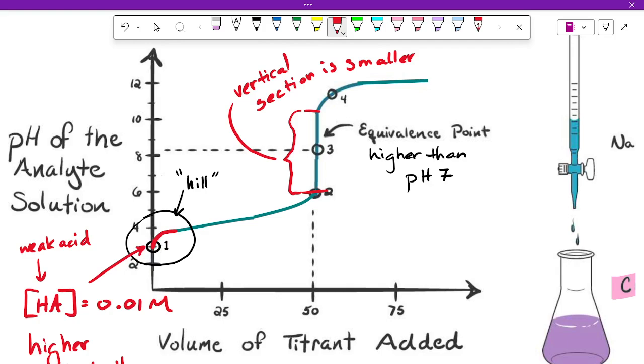We have the equivalence point. Here, we could also look at the half equivalence point.